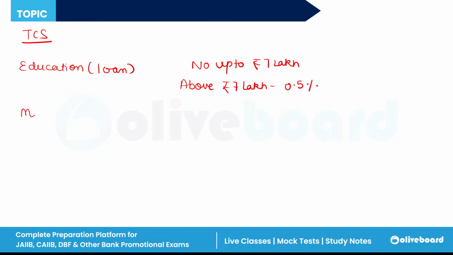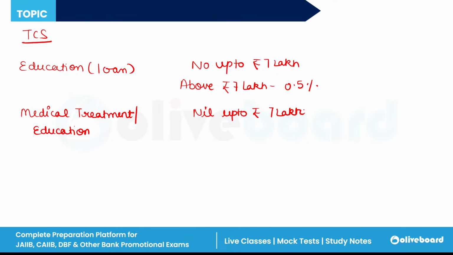Then in the case of medical treatment or in the case of education where no loan is there, again there is nil up to rupees 7 lakh. This is according to the earlier rate, right? So don't confuse in this. I will tell you the new rate. So this is basically nil up to 7 lakh, and there is 5% above rupees 7 lakh. Got it?